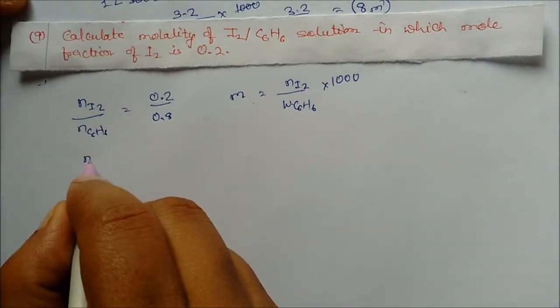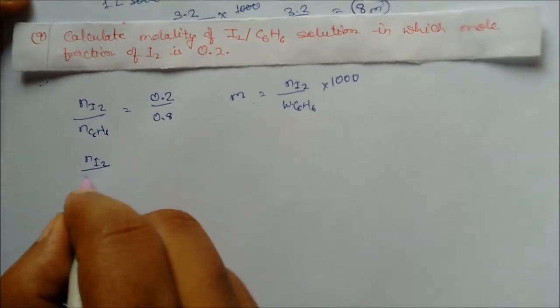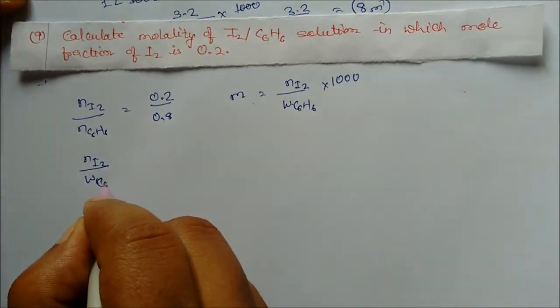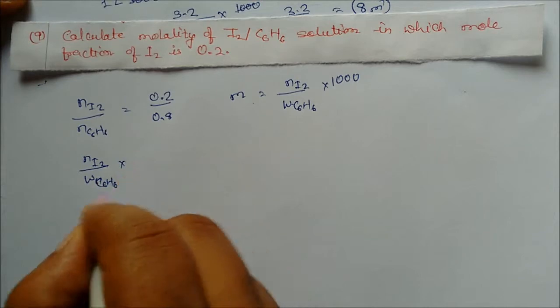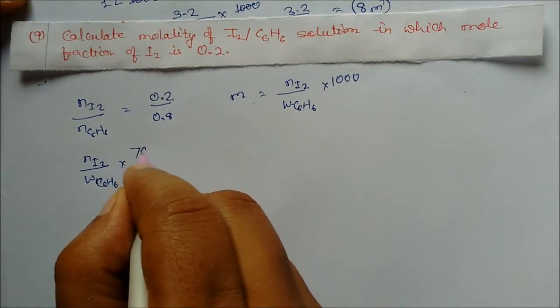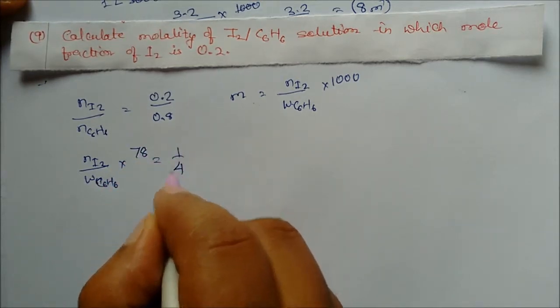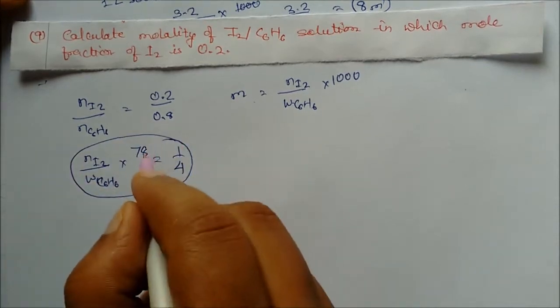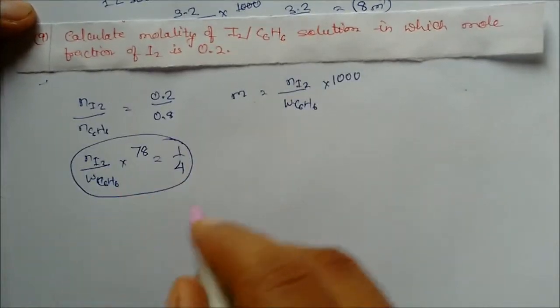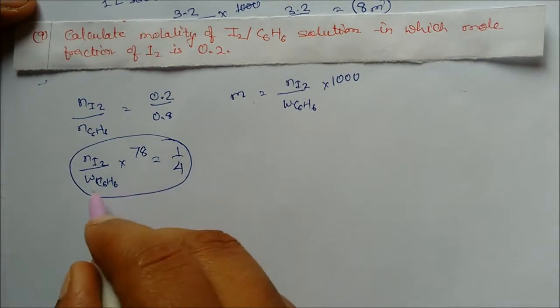So this is your nI2 divided by weight of C6H6 multiplied by molar mass of 78. So this will become 1 by 4. So here we are getting this result. So n by 2 into 78 is nothing but 1 by 4. So this we can put directly here.